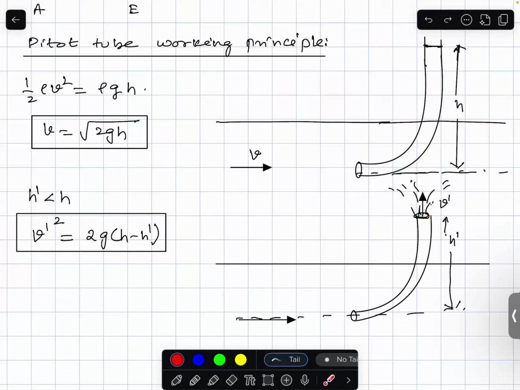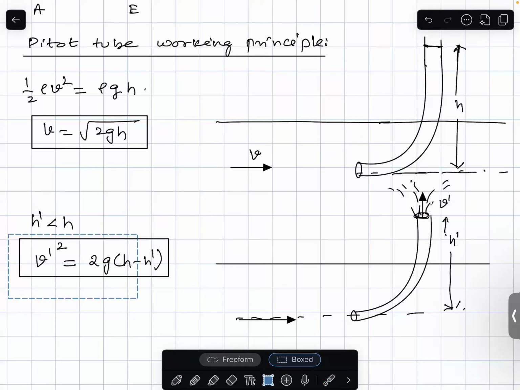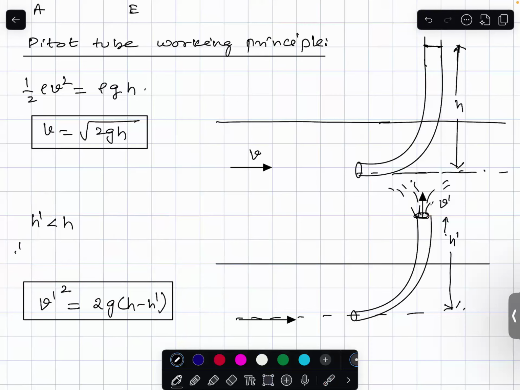Then how you will apply the relation? You will apply the relation like this. That is pitot tube. Any doubts?